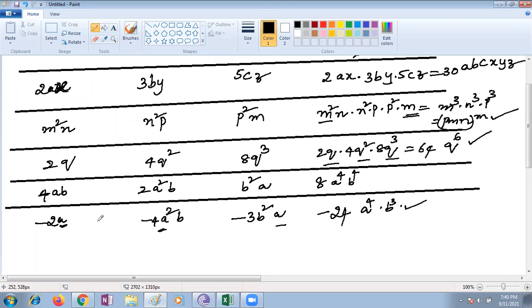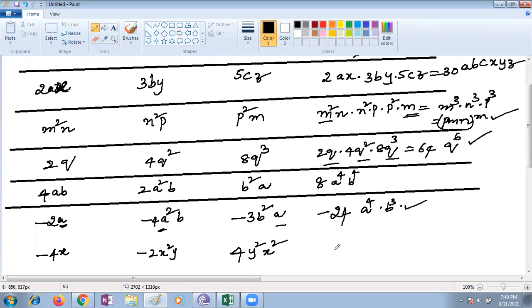Ayush Mishra, are you there? Yes, ma'am. Minus 4x, minus 2x square y, minus, not minus, it's a plus 4y square x square. Ayush, what is the product of these three monomials?